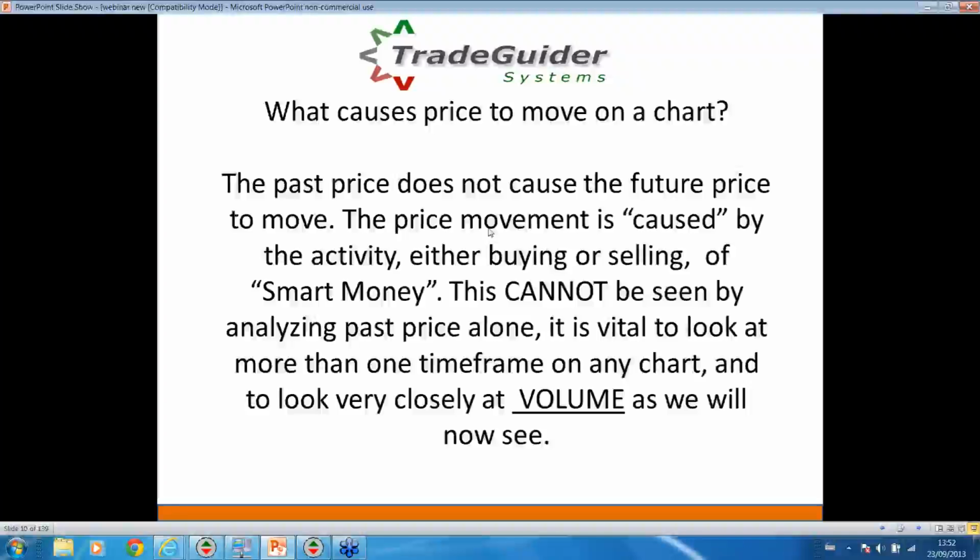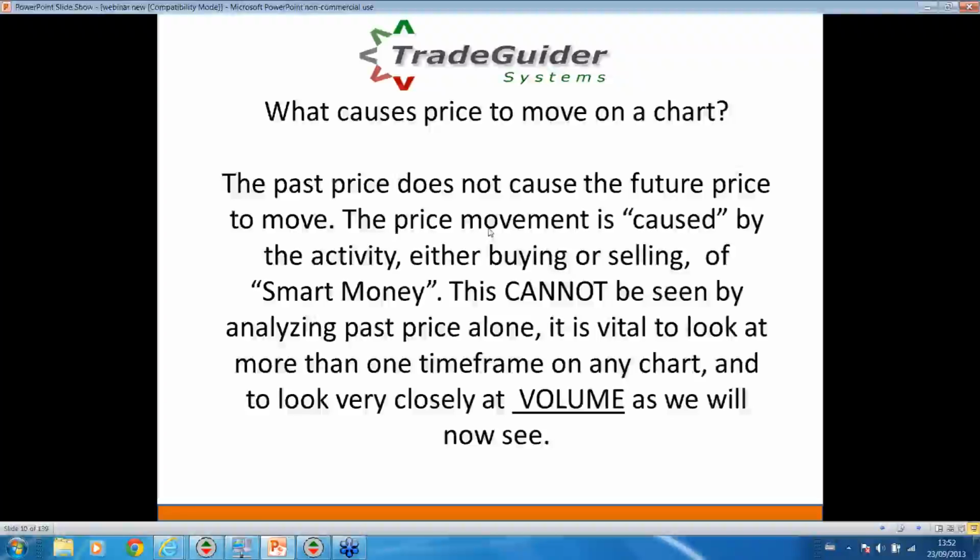But most traders who start off in trading and never used volume will use past price analysis to try to get a signal to buy or sell. Now that is dangerous because it's not the past price that is moving the future price. It's the trading of the professional money, as I'm going to show you.